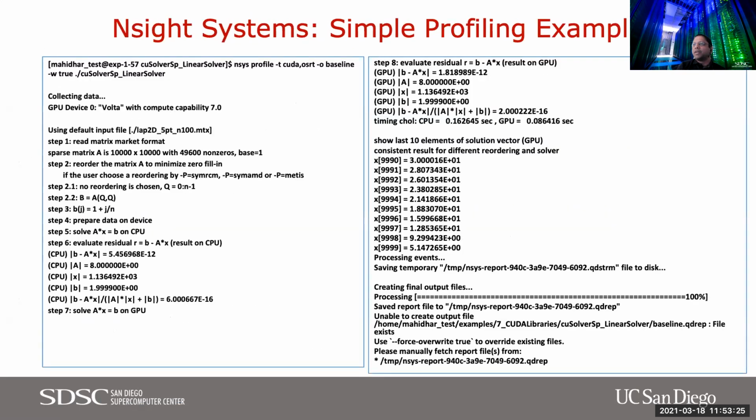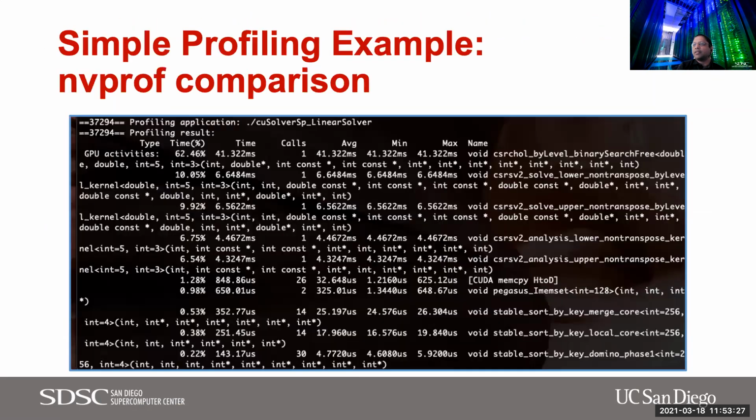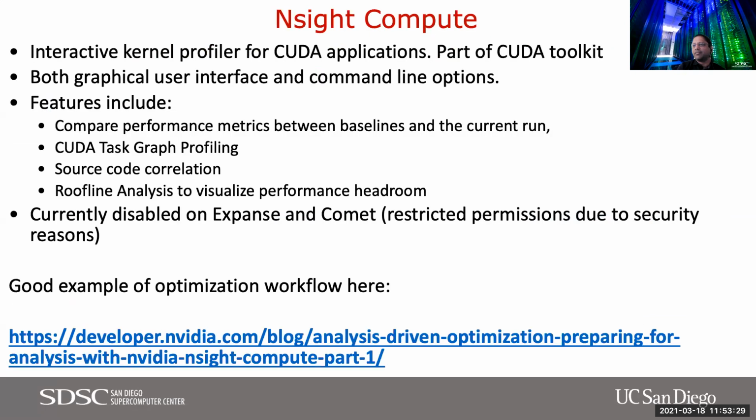But you can look at that link that I have to see the kinds of things you can do, and hopefully we'll get this enabled soon. For now, I think the NSIGHT Systems piece is what is really working, and you should be able to get most of the info that you need from there.